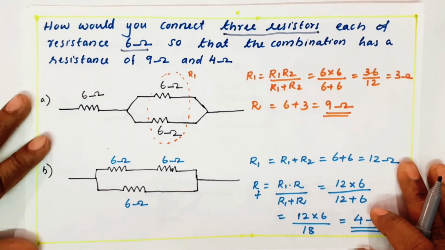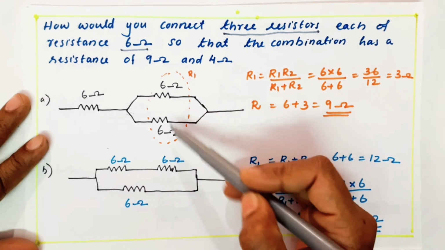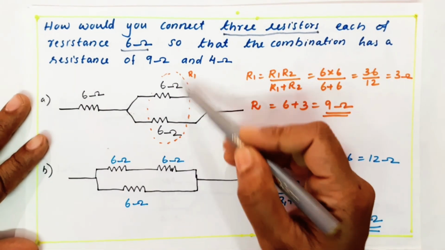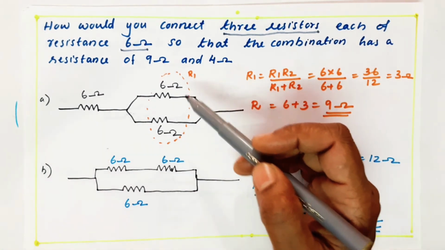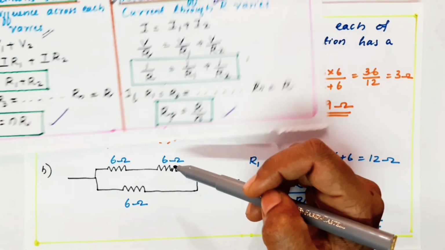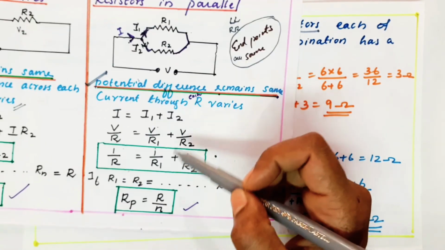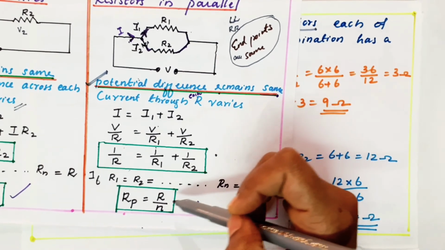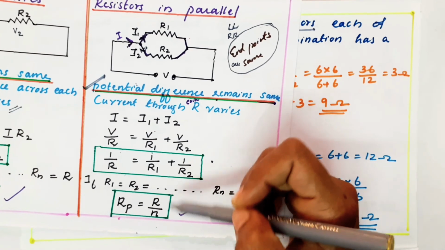What I did here is, I connected two in parallel. If 6 ohm and 6 ohm, two resistors, if you connect it in parallel, what will be the answer? For doing this type of question only, I told a shortcut first. We know that in a parallel connection, if n resistors of equal resistance are connected in parallel, what is effective resistance? R by n. This should stick to your mind fast.